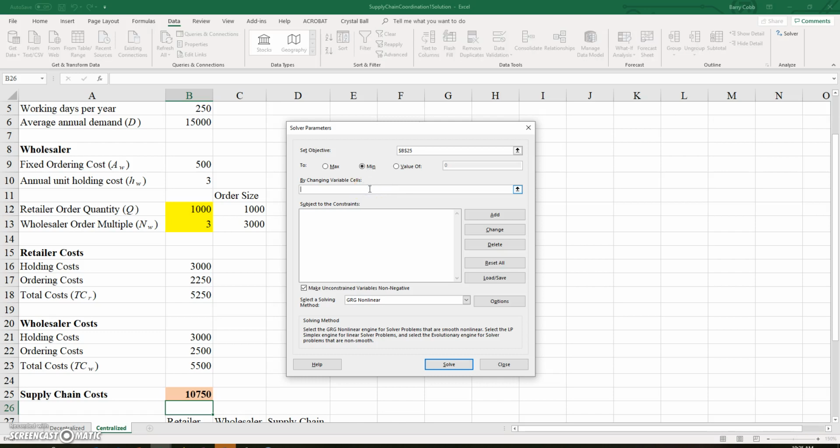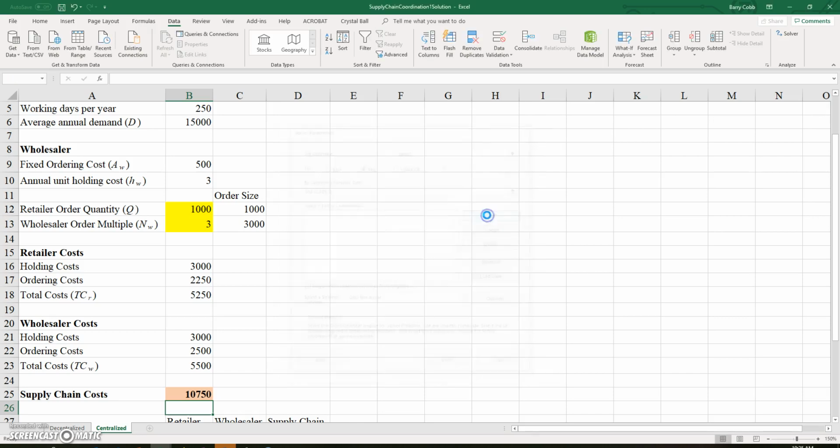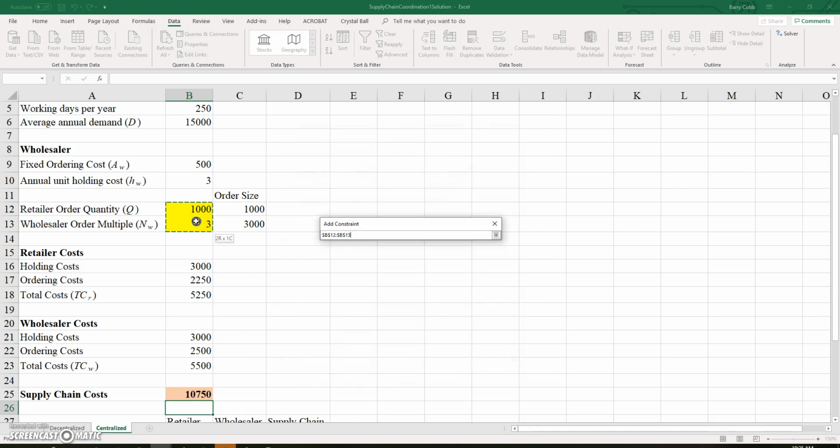Because the retailer and wholesaler are choosing the combination of the order multiple and order quantity together that minimizes supply chain costs, these both become changing cells or decision variables. In terms of constraints, we assume both the order quantity and order multiple are greater than or equal to 1.